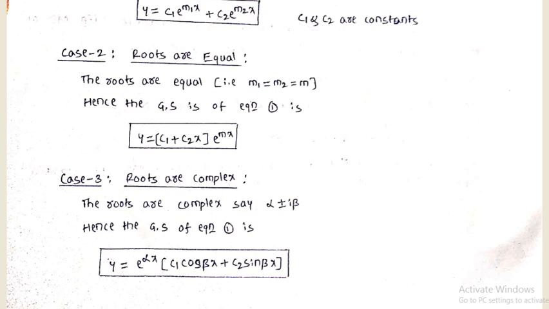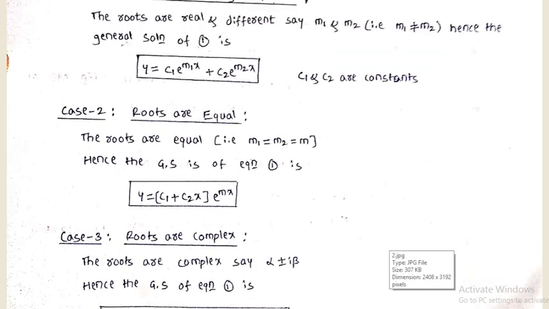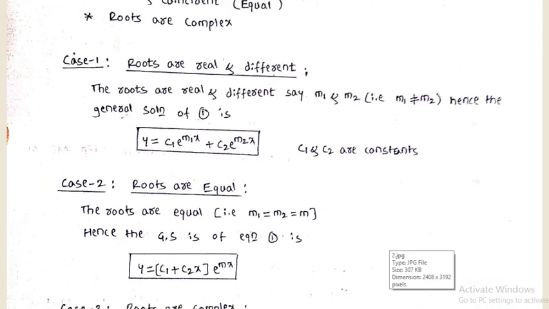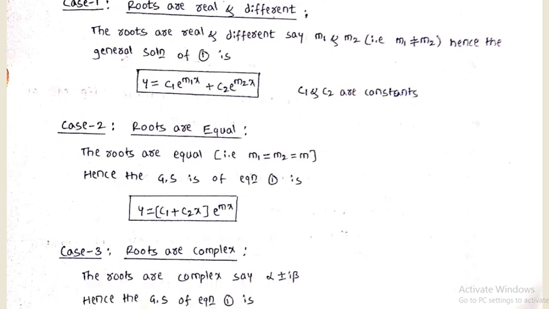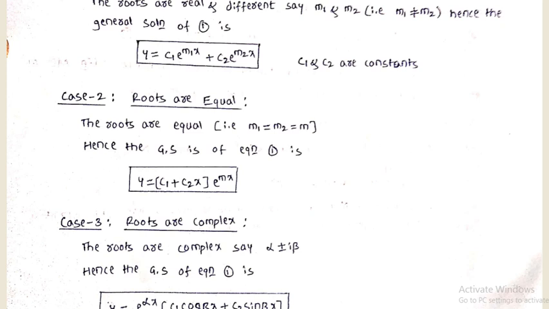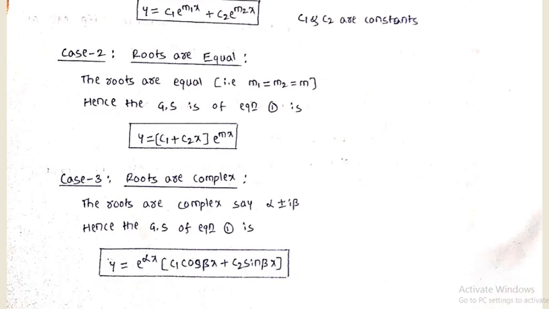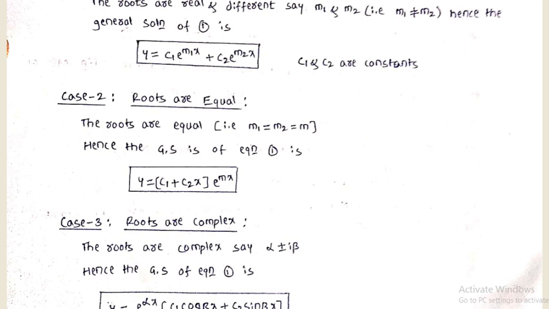So this is the general solution when the roots are complex. You will remember it: when the roots are different, the general solution is in this form; if the roots are equal, or complex, you will always write the general solution in the corresponding form. These 3 cases will help us while writing the complementary functions.